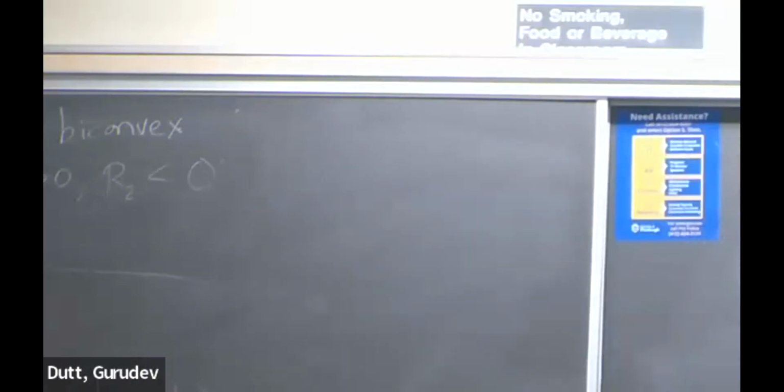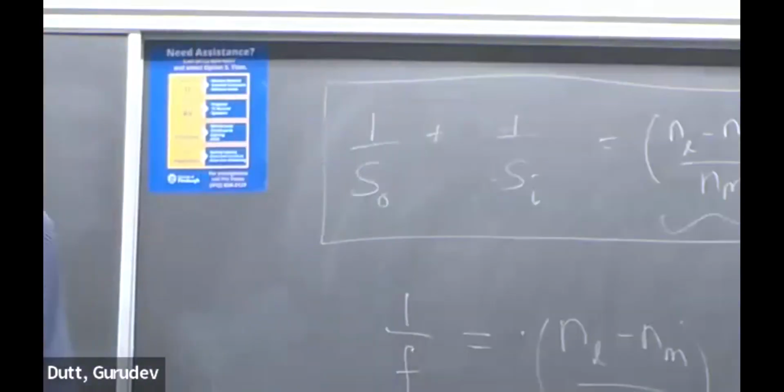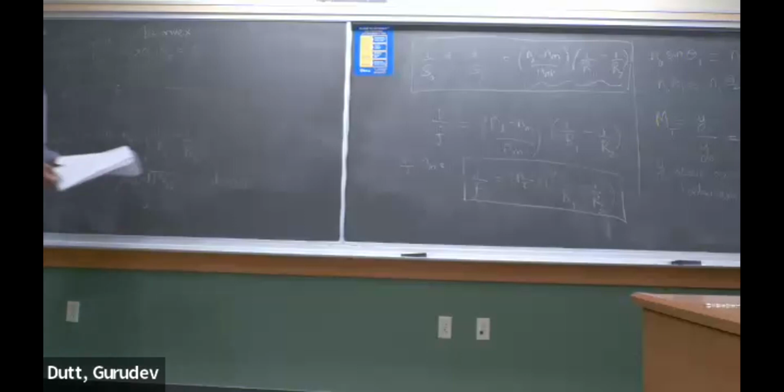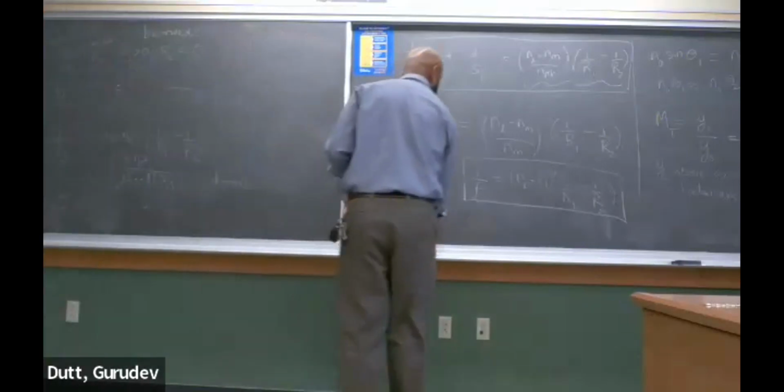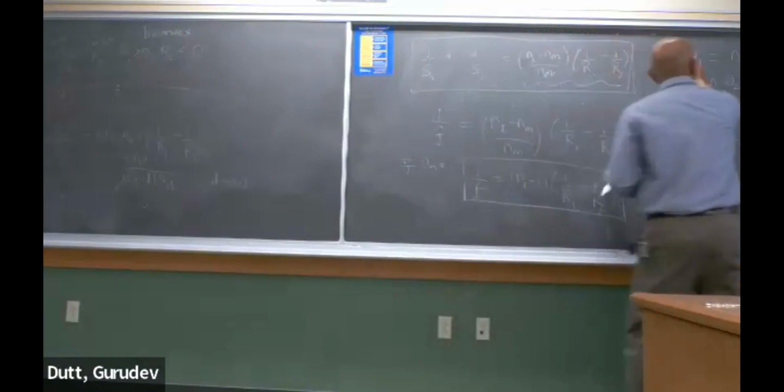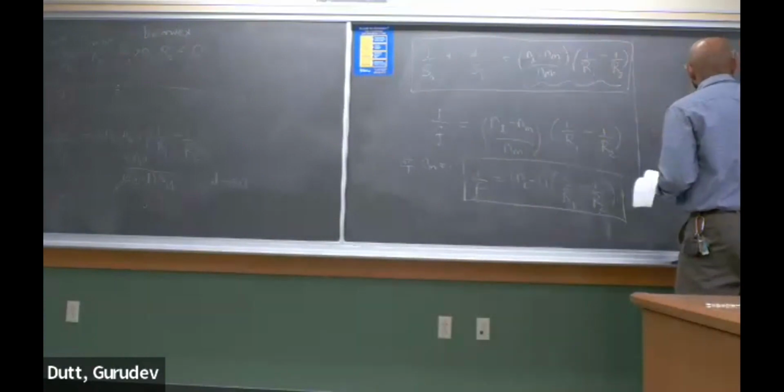So that sum will always be positive. So the focal length f for a biconvex lens will always be positive, assuming the refractive index is greater than 1, which is true for all the materials that we usually use. All right, so that gives us the so-called Gaussian lens formula, which you've all already seen in your labs and tested.